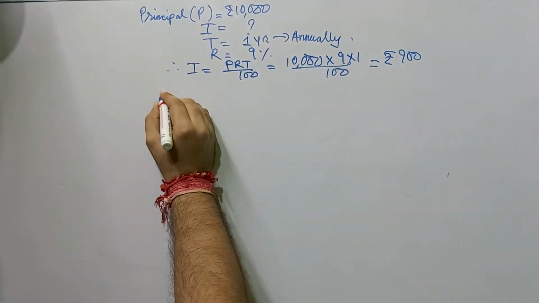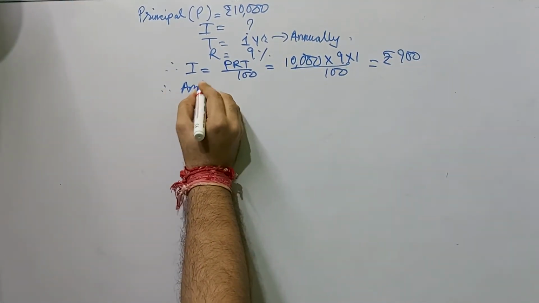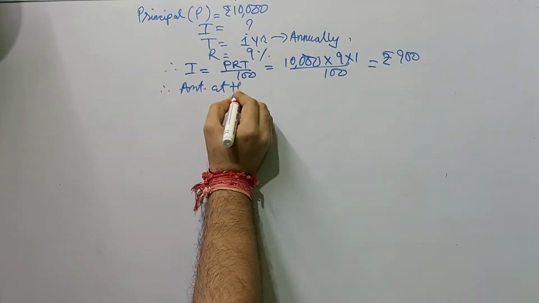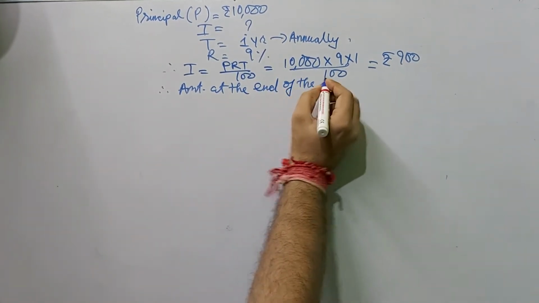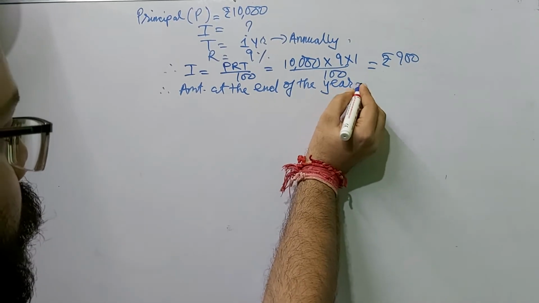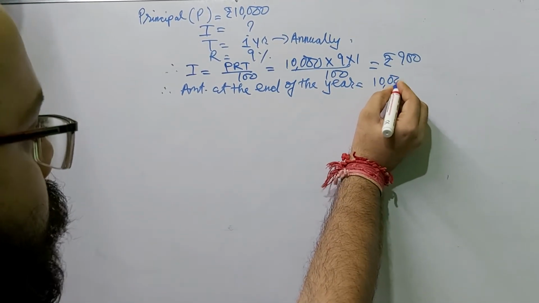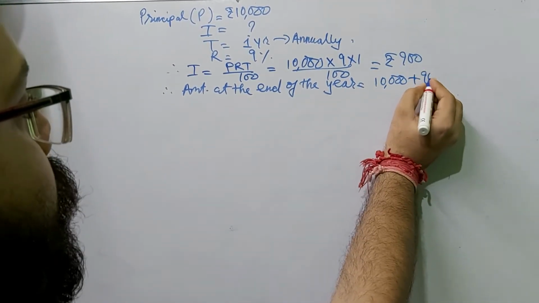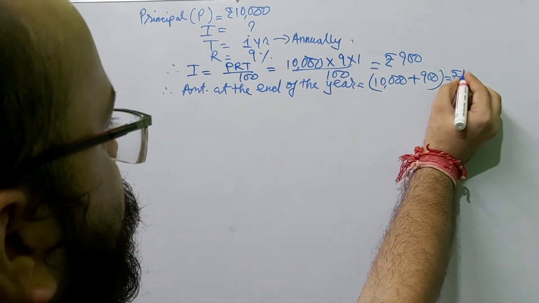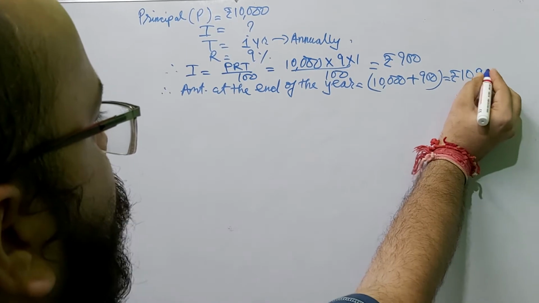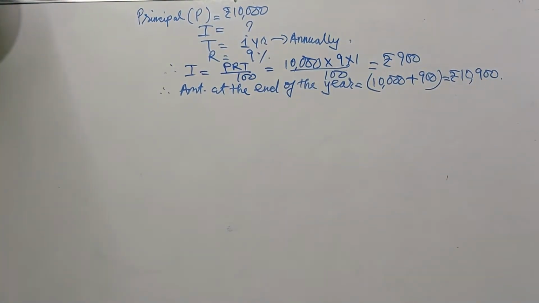So therefore the amount at the end of the year will be 10,000 plus 900, which is equal to rupees 10,900, right? Okay.